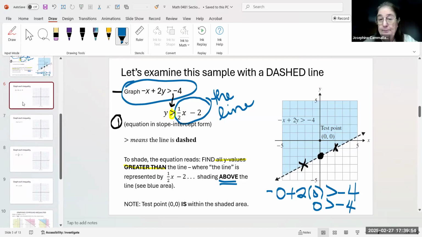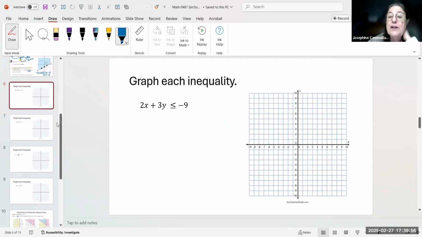We're going to do 4. Now, first off, I have a graph. I have an equation. First thing I want to do is to solve for y.